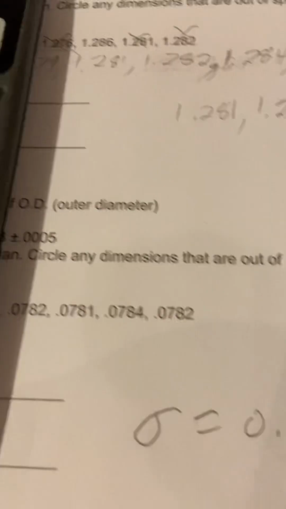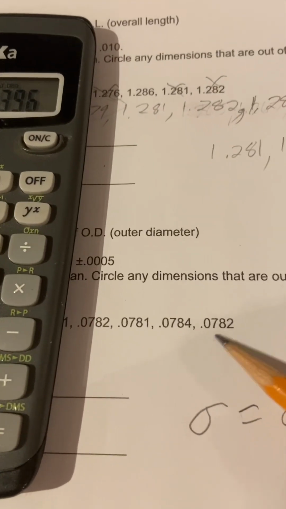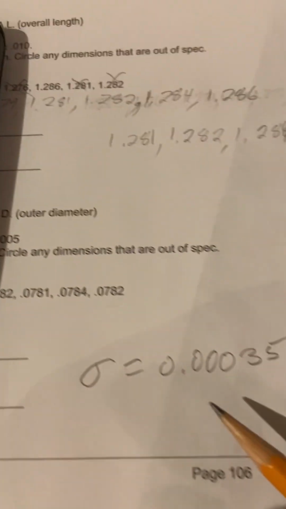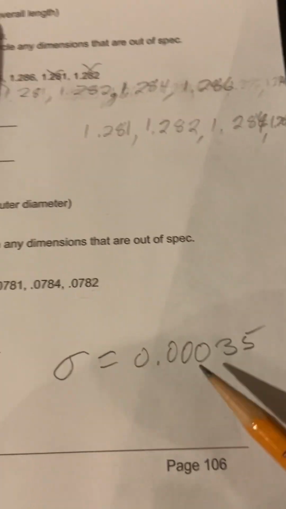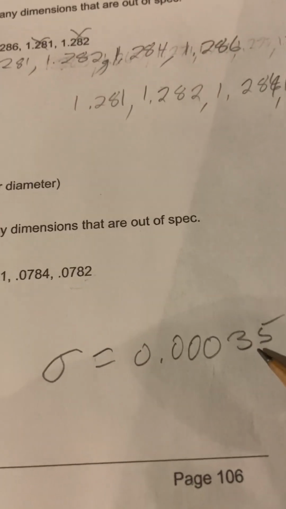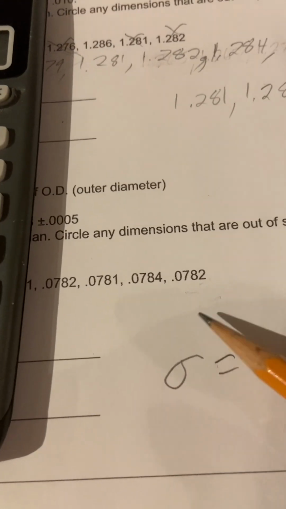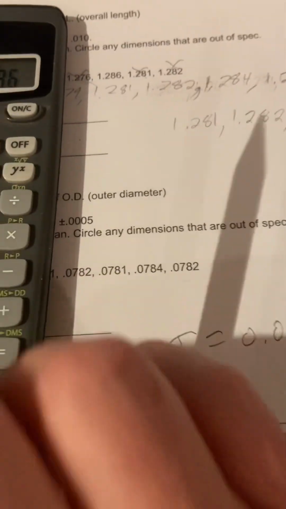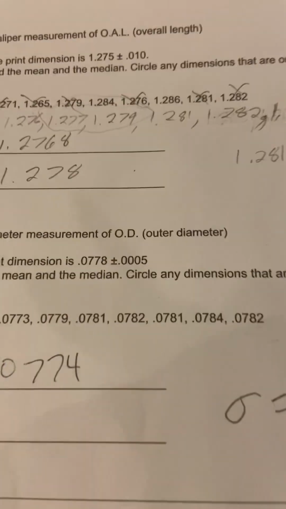And again, because all of our data set was in 4-place decimals, we are going to maintain the 5-place decimals here with the sigma, 3.5 tenths on this particular data. Again, this is a fairly widespread distribution.